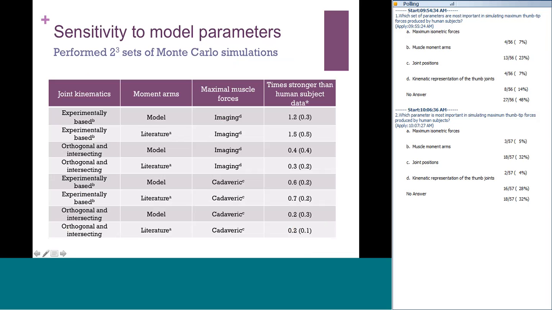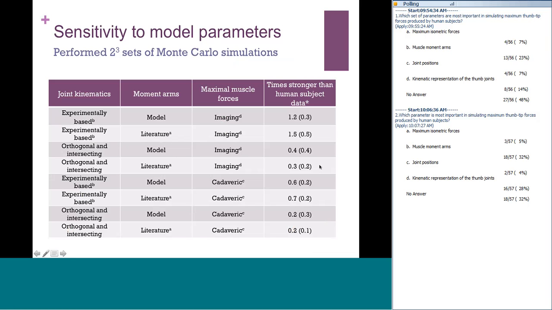If you look at this bigger model, what we just did there was these two comparisons. But you could also do experimentally based literature and imaging versus orthogonal and intersecting literature and imaging. What you can see here is we got 5 times.